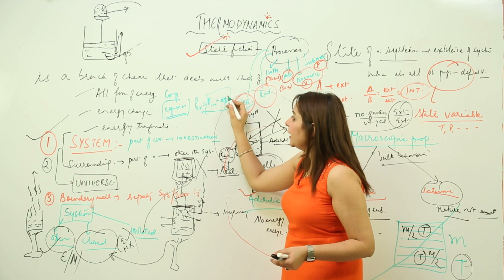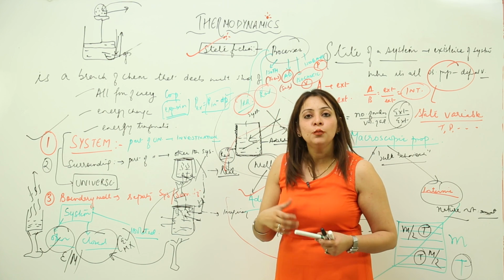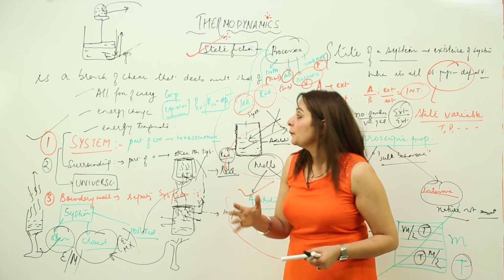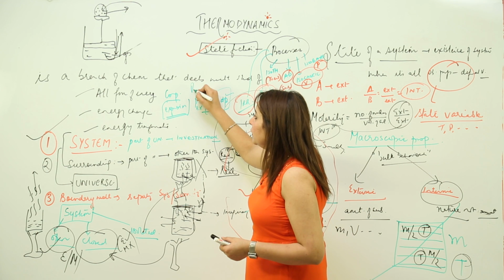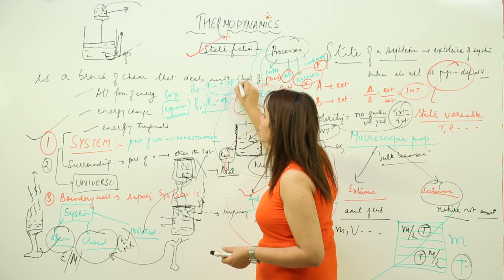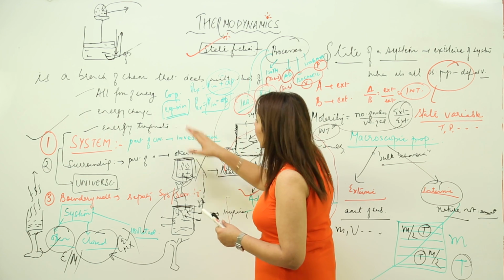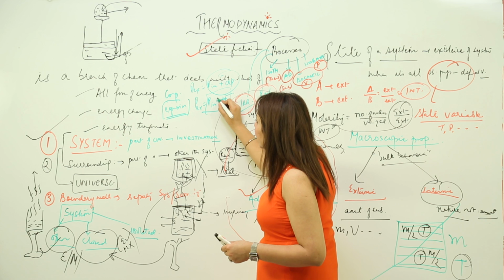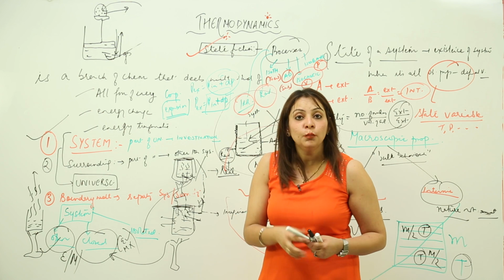That means the external pressure is less and the internal pressure is more, that is why the gas is expanding. But when we talk about compression, P external is P internal plus dP.